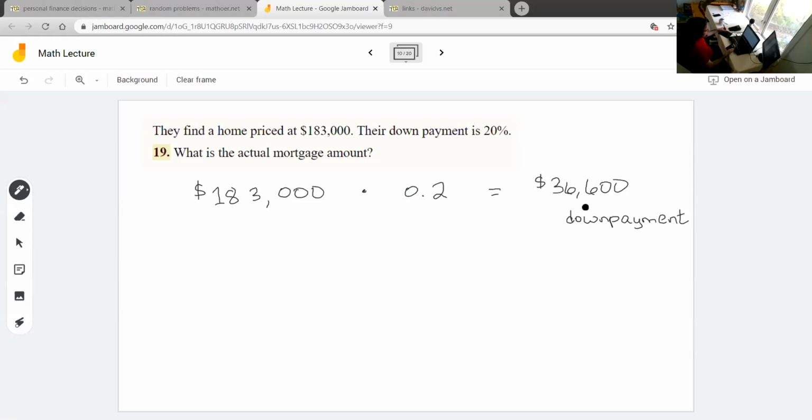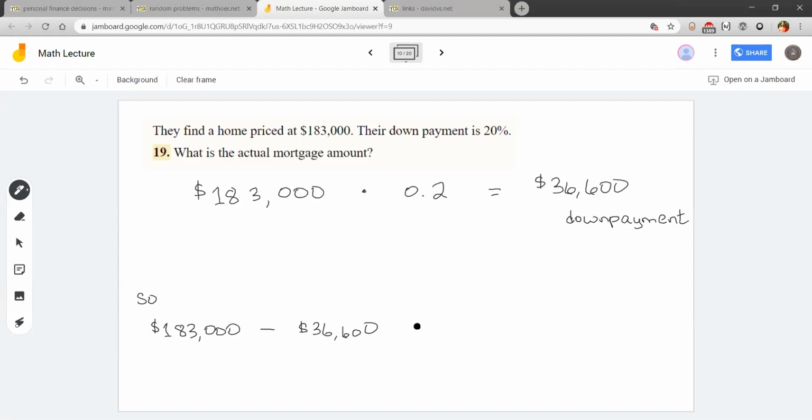How much will they actually get a loan for? They were going to have to take the value of the house, subtract away the down payment, and the rest they need a loan for. $146.4.